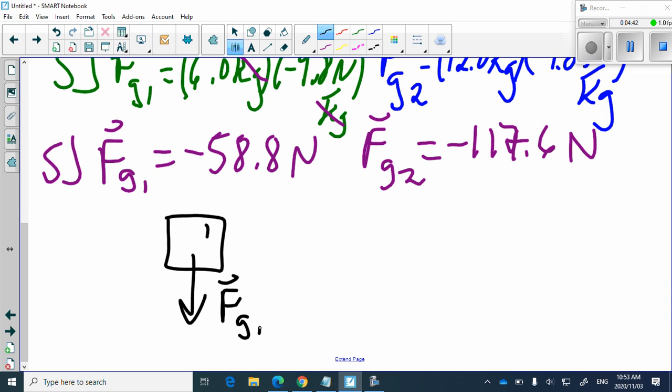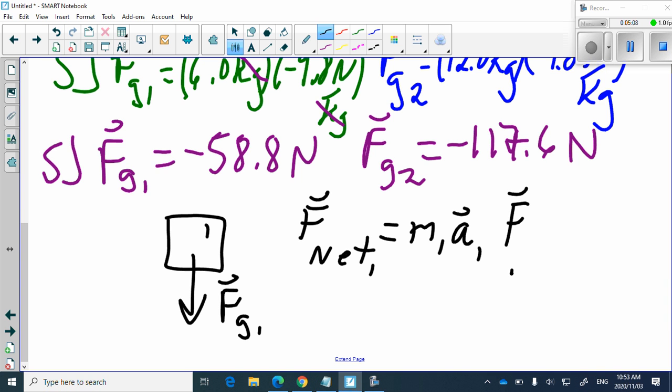Watch. Remember our friend F net. So let's say F net on the first object. Okay? And you're going to be using this equation a lot in this chapter 3. Okay? F net first object is equal to mass of the first object, right, times acceleration of the first object. But you have to also remember that F net on the first object is equal to the sum of all the forces acting on that object.